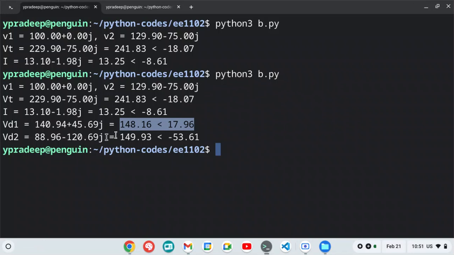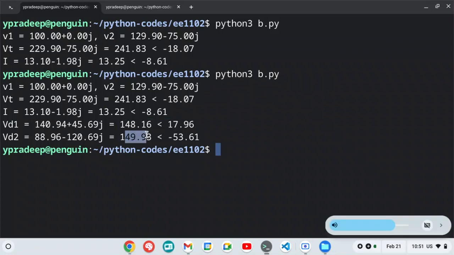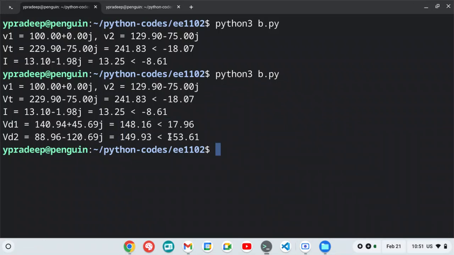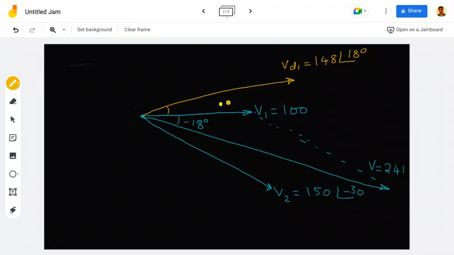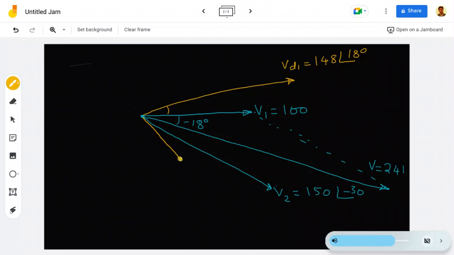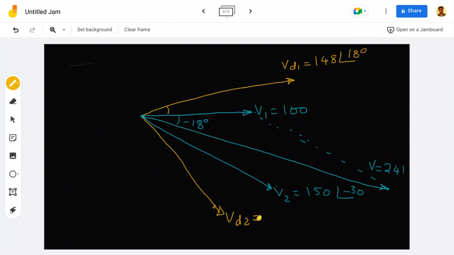And what is VD2? Again 150, but this time the angle is minus 53 degrees. So this one we already know it is minus 30, so it will be somewhere here like this. VD2 is 150 angle minus 53 degrees.